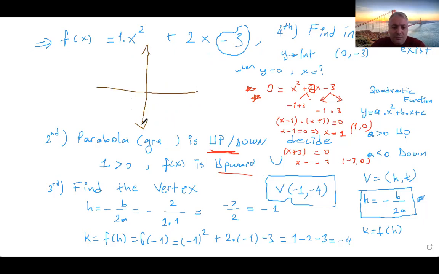Oops, I couldn't. I didn't draw well. Let's say x, y. So we said that 1 comma 0, negative 3 comma 0, and negative 3. Now, dear students, look at now.